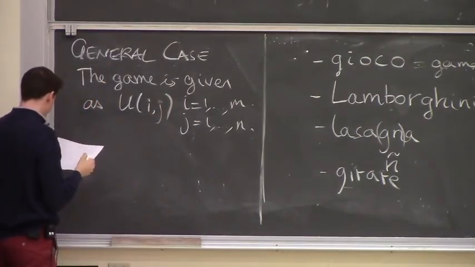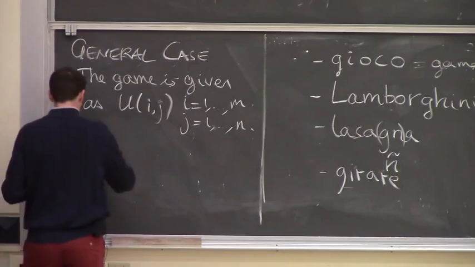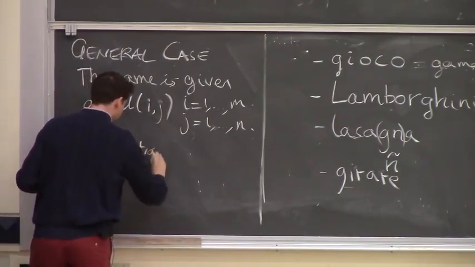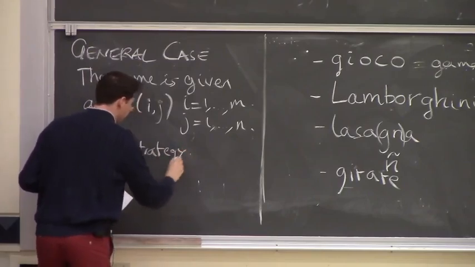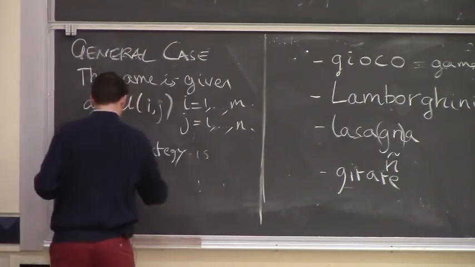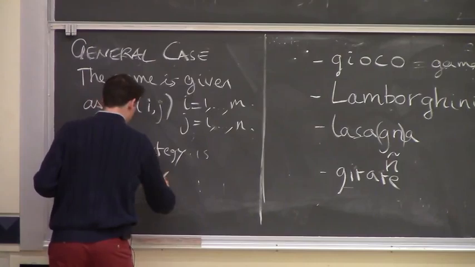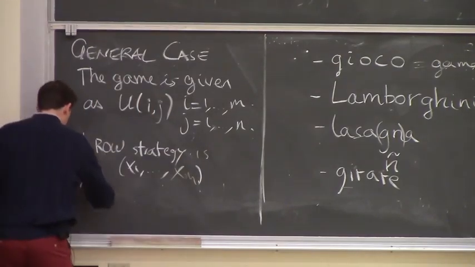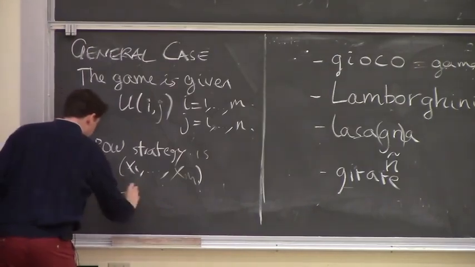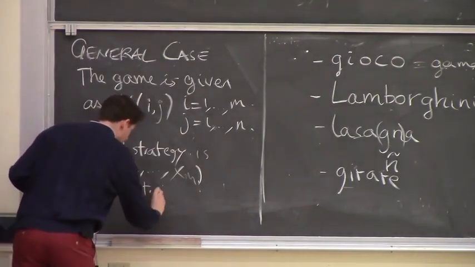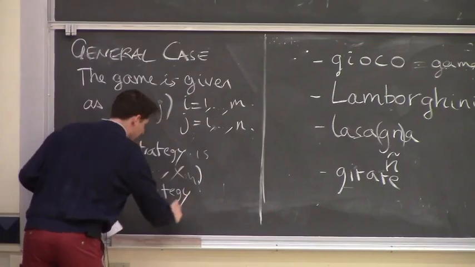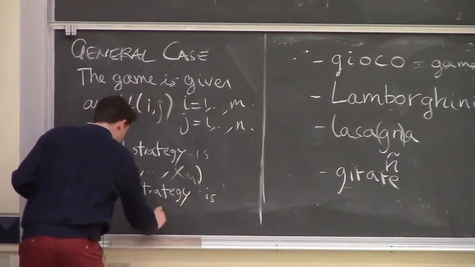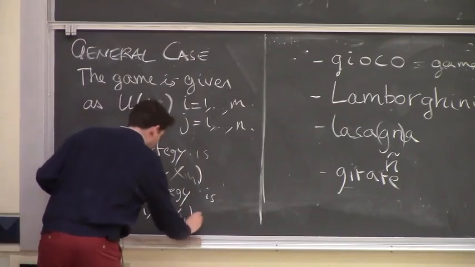Okay, now a row strategy is x1 through xm, right? And a column strategy is y1 through yn, right?